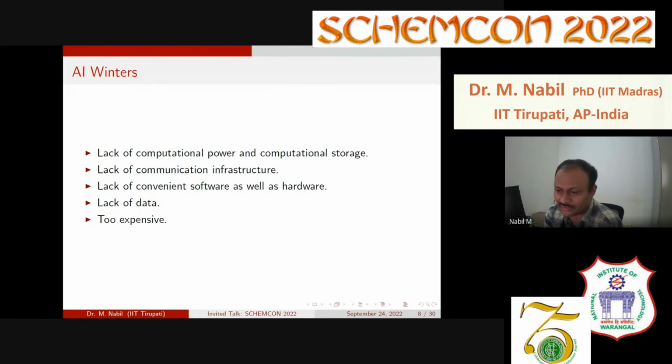All those were posing challenges in those days. Also there was a lack of software, and the hardware and data themselves, and performing the AI or the consultant system or a recommendation system was too expensive. Because of the lack of all these factors, successful industrial implementation was a challenge.